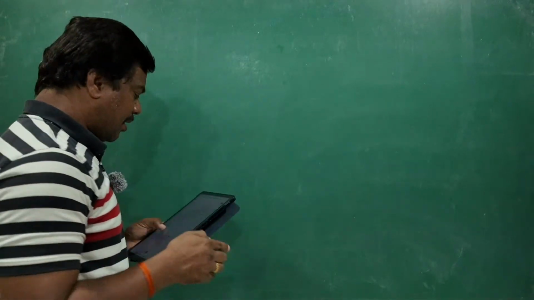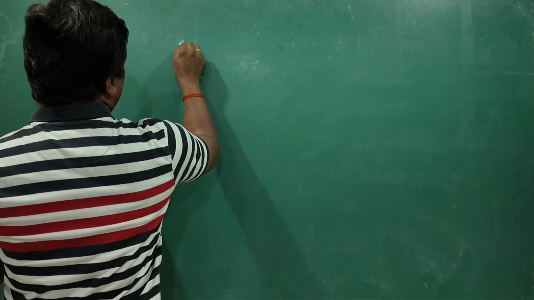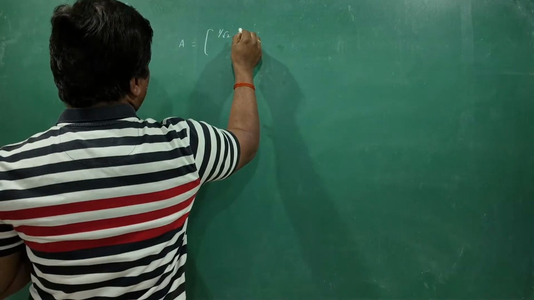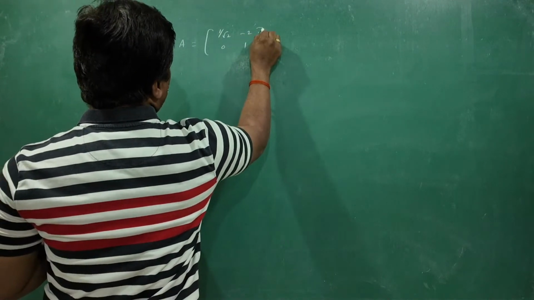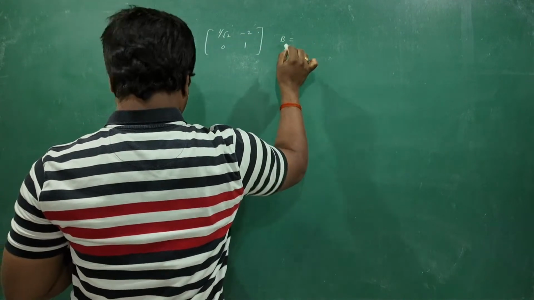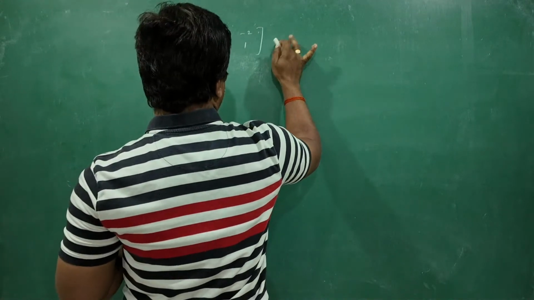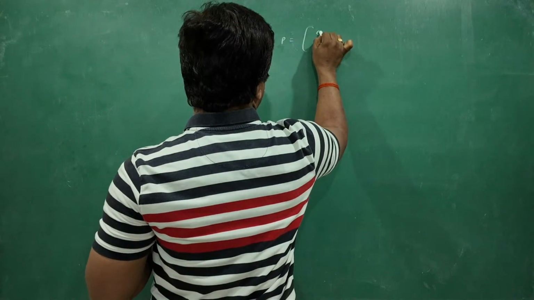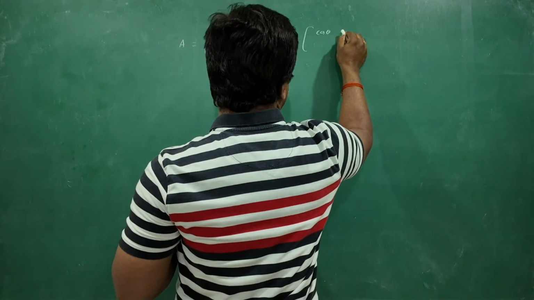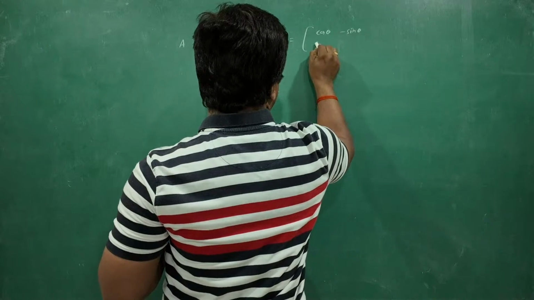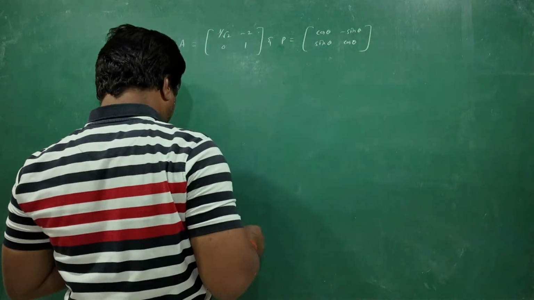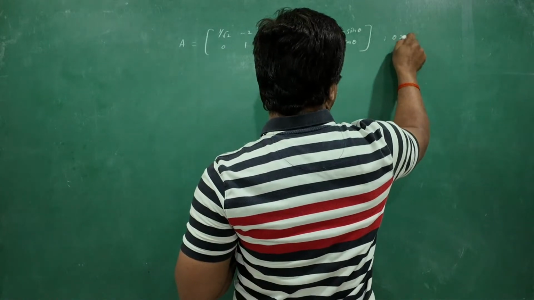Let capital A be a matrix of order 2 cross 2 with entries given as 1 by root 2, minus 2, 0, 1. Next P, sorry, it is P, given as cos theta, minus sin theta, cos theta, and given that theta is more than 0.